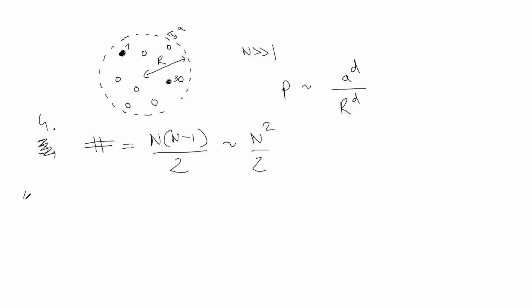We want to study the probability of two monomers not touching each other. So if P is the probability of two specified monomers to touch each other in space, well then we will introduce Q, which is simply 1 minus P, which is the probability of no contact between two given monomers.